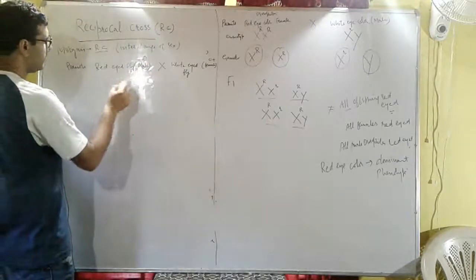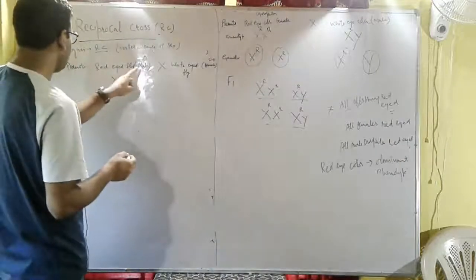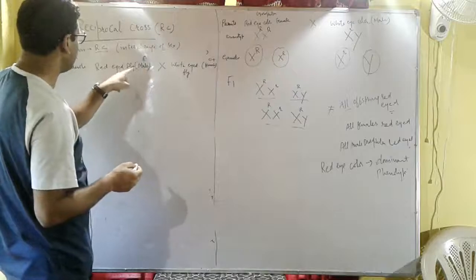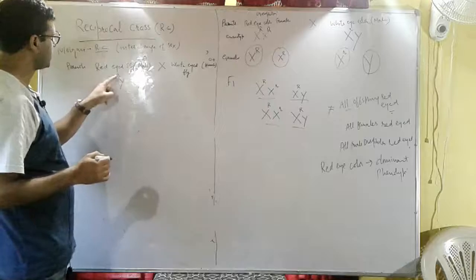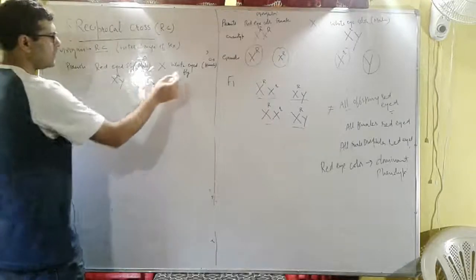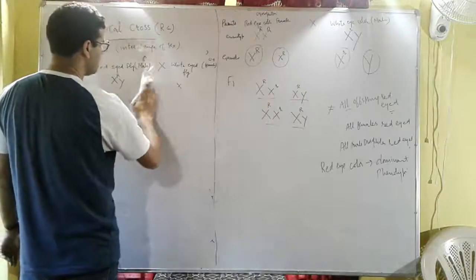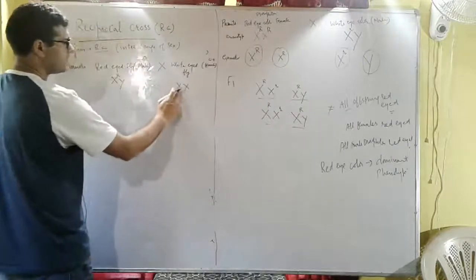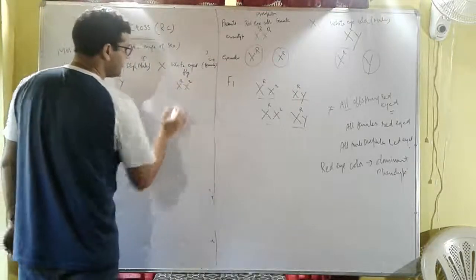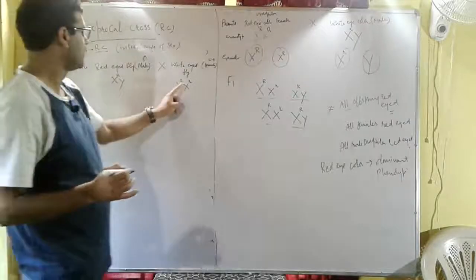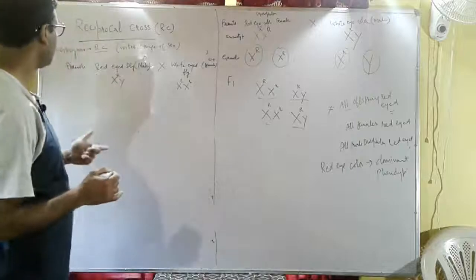The male would obviously be XY, and this red-eyed male has genotype X capital R, Y. Then it is crossed with a white-eyed female. The genotype is X, but for white eye, the r is smaller, because white color is recessive compared to red eye color.